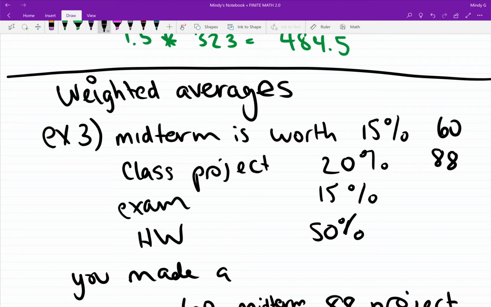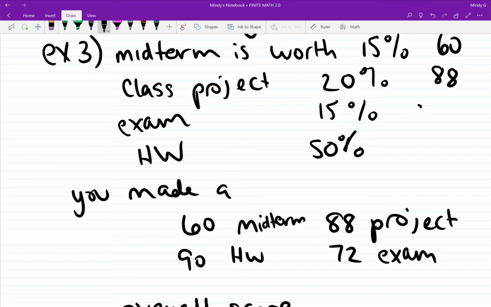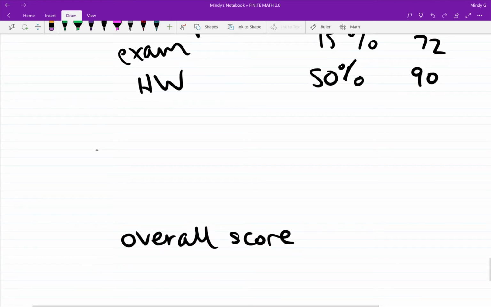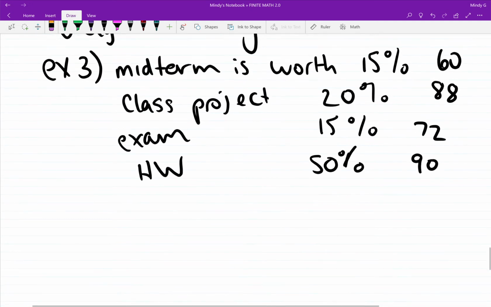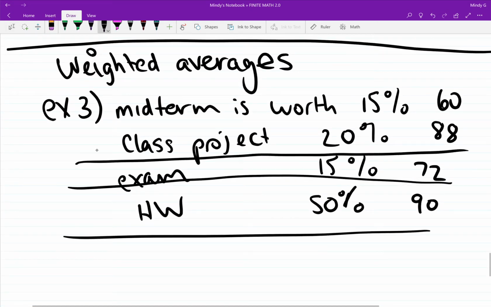So to do that mathematically, we do 0.15 times 60 plus, and then we're going to do 20% of 88 plus 0.5, 50% of 90 plus 0.15, 15% of 72.